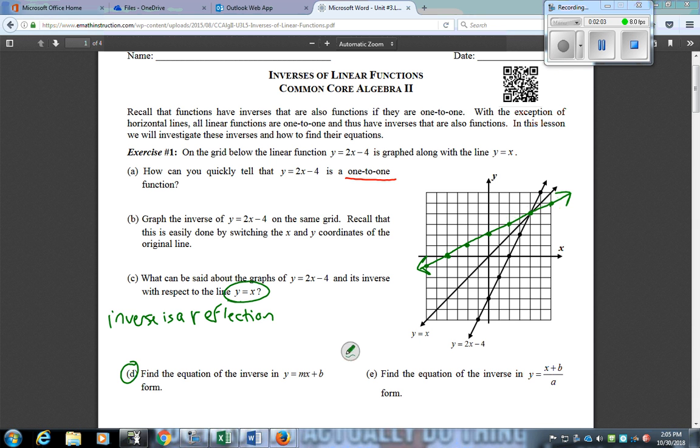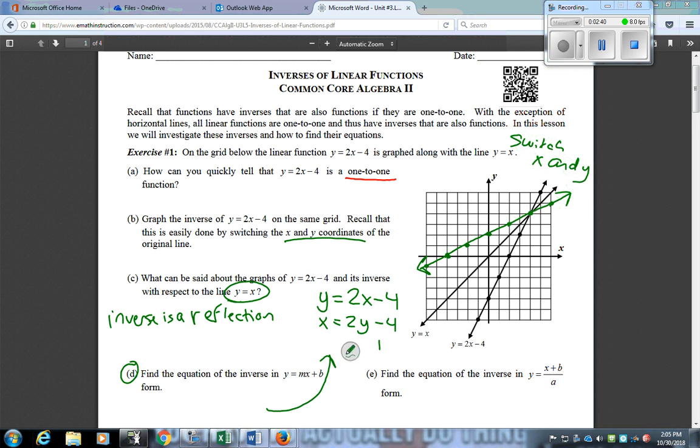If you want to find the inverse of a function algebraically, which is a big focus of this lesson, you want to start by writing down the function you're starting with. I'm going to write this up here just so I've got space. Then you want to switch the x and the y, like we talked about in part B. So if you write it like this, x equals 2y minus 4, then your goal at that point is to get y by itself like you would to graph in algebra.